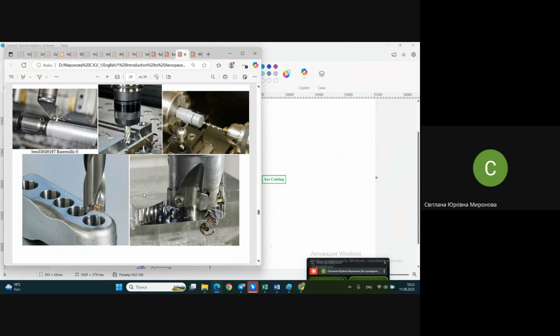When we see something like this, right now you see actually a turning machine, but in a turning machine there is a process that you know as drilling. Why? Because in drilling it maybe doesn't matter whether you rotate the drill or you rotate the workpiece. So you may use a drilling machine for making holes by drilling, or you may use a turning machine.